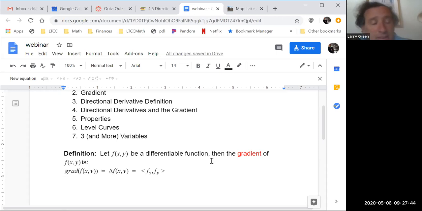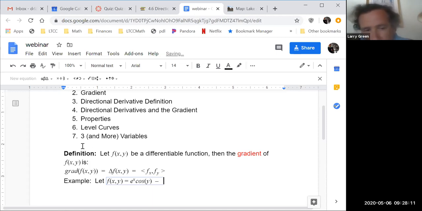So let's do an example. The examples are easy. So how about, let's make it a function, f of x comma y equal e to the x cosine of y minus x squared.